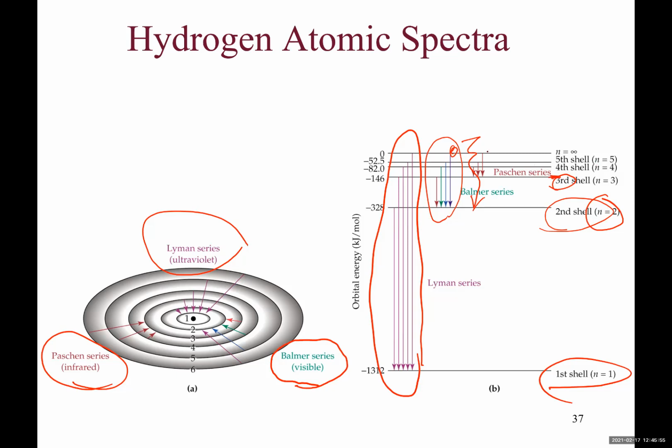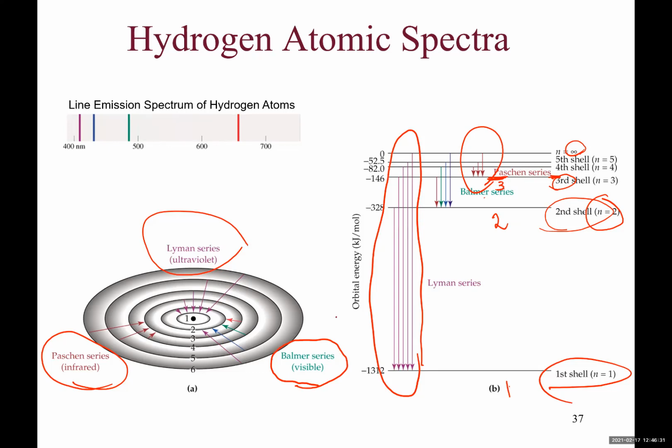Do you see these dropping from 6, 7, up to infinity, dropping to the 3rd energy level? This is the 3rd, this is the 2nd, and this is the 1st. So different lines are simply due to the transitions of electrons, electrons dropping from a higher energy state to a lower one.